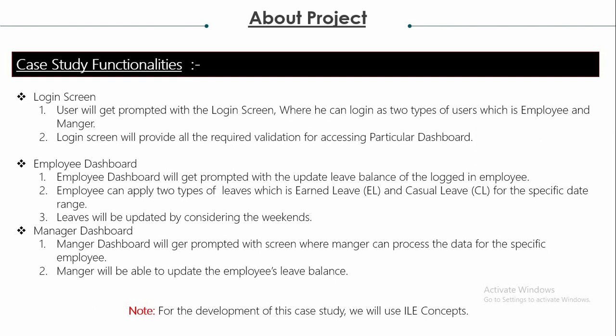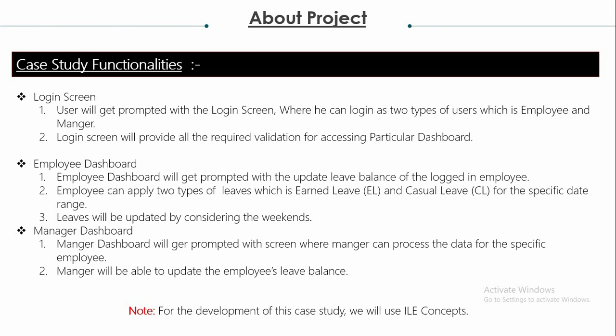We are also taking care of weekends here. Let's say someone has applied for leave from Friday to Monday. In that case, leave should be considered for only 2 days, not for the weekends, because Saturday and Sunday are in between these dates. So we should exclude those, and we are taking care of this in the case study also.